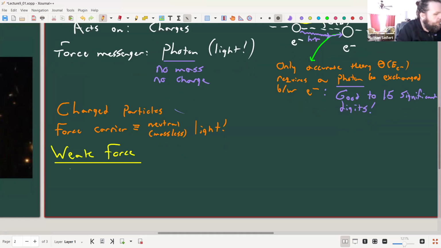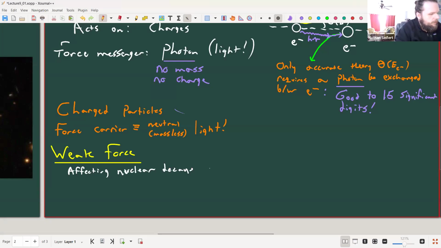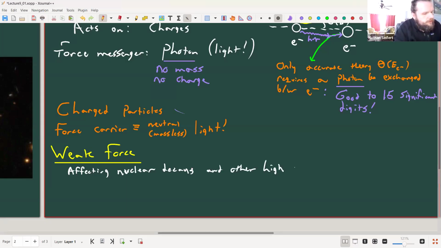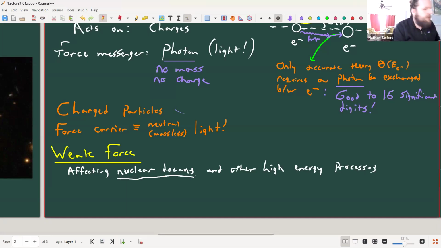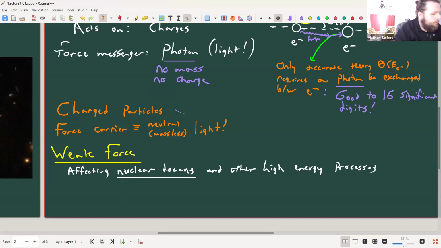But we typically see this affecting nuclear decays and other high energy processes. But the most important thing that we see in chemistry is that nuclear decays are heavily dependent on the weak force, in particular beta decay. Beta radiation is a strongly weak-dependent thing.